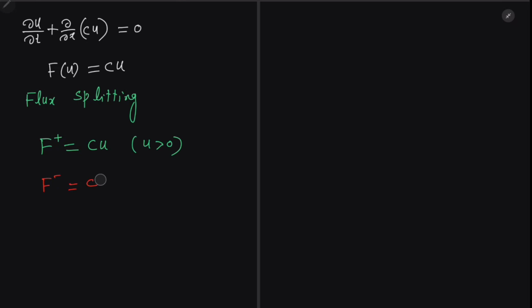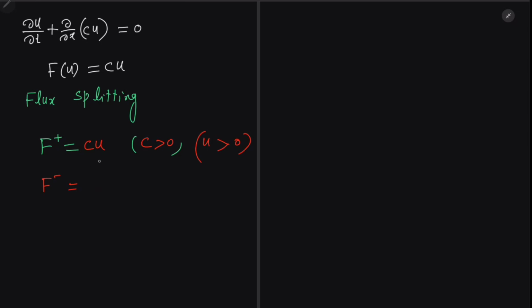Initially we say, probably maybe c, since c is the speed of the wave, c is greater than 0 and u is also greater than 0.